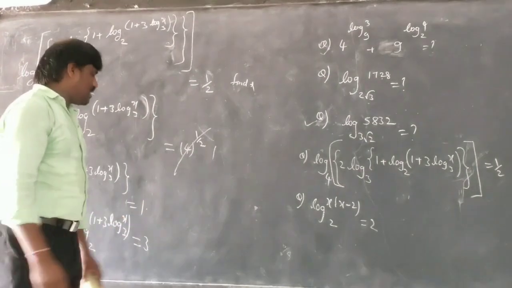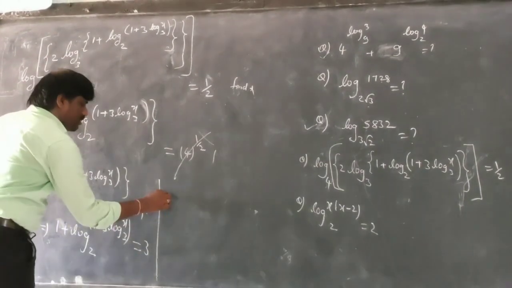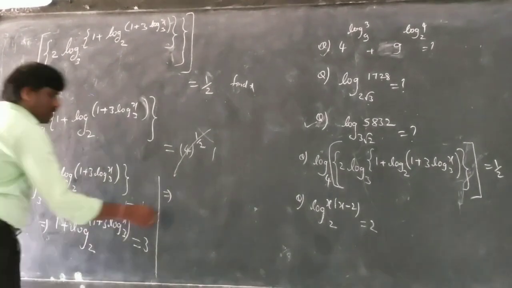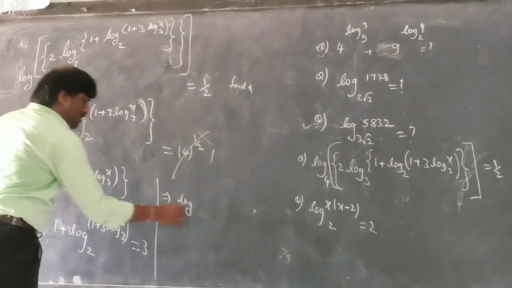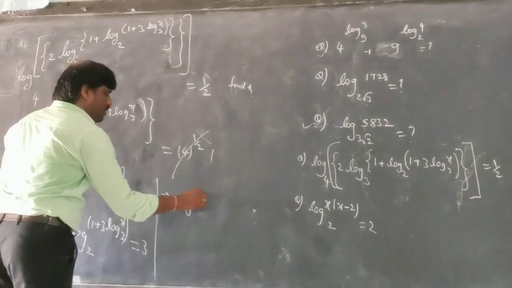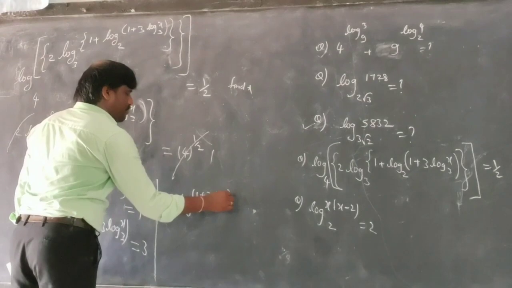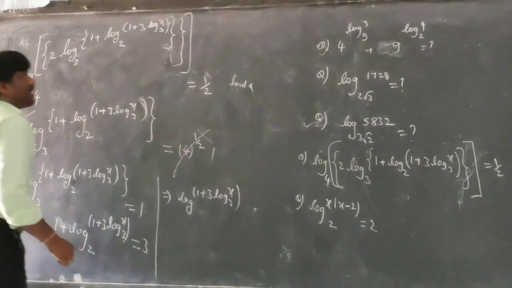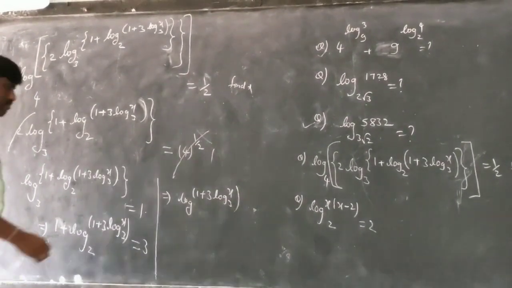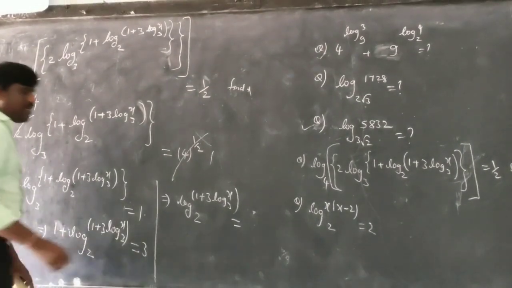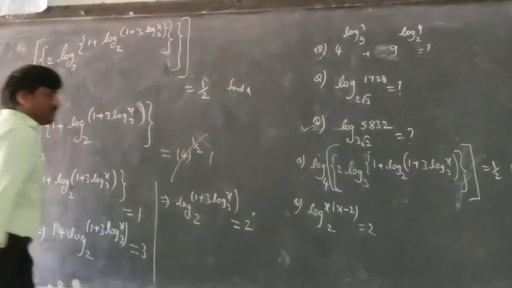This implies 3 minus 1, 2. So what I am getting here, log of 1 plus 3 log x with base 3, with the base 2, is equal to 3 minus 1, this becomes 2.